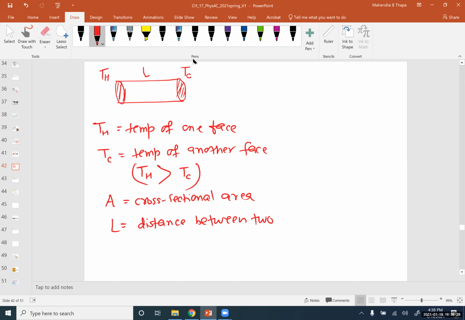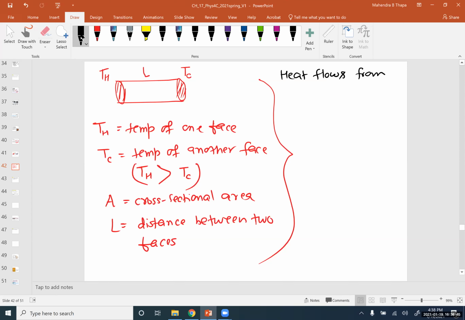If this is the case, then you know that heat flows from higher temperature to lower temperature. So the heat flow will happen from this phase to that phase, from left to right.